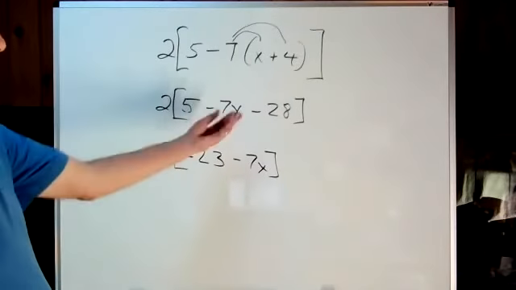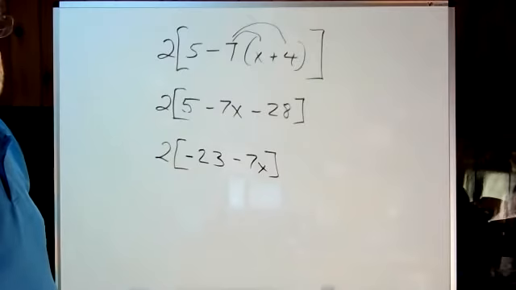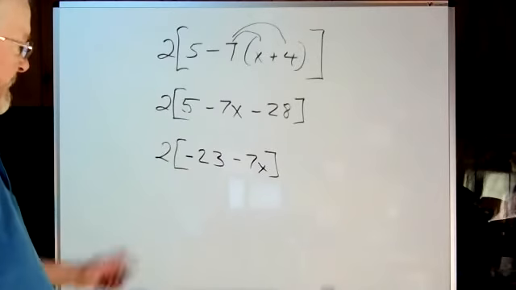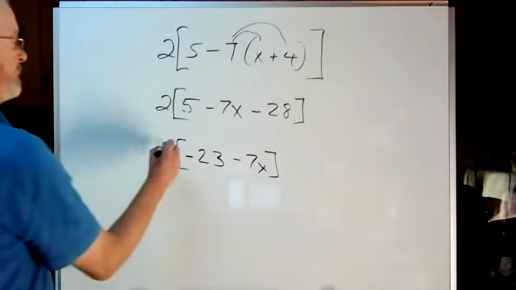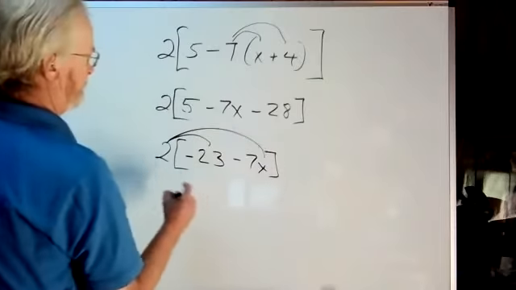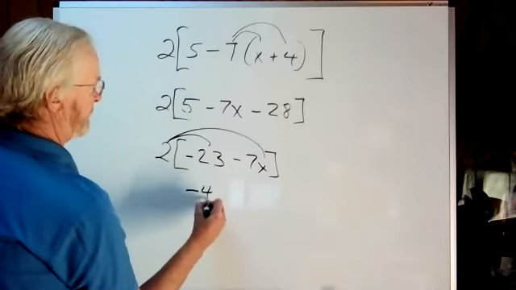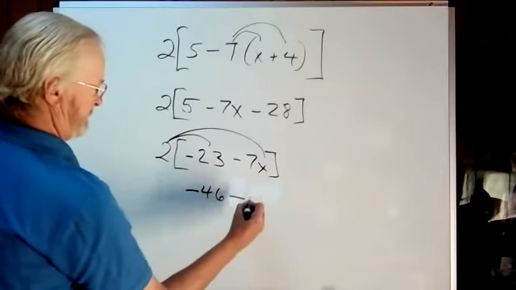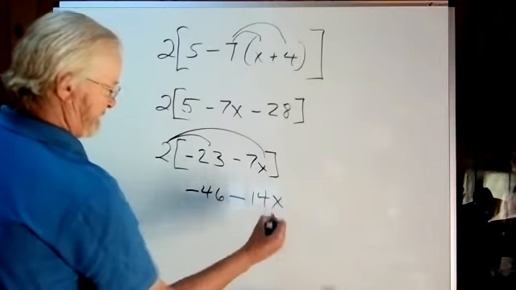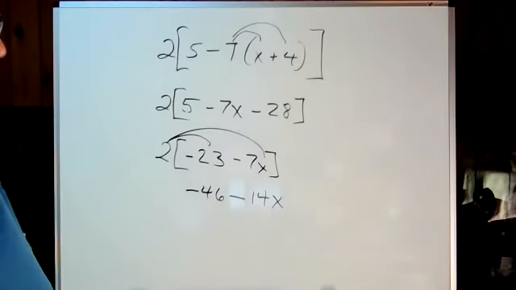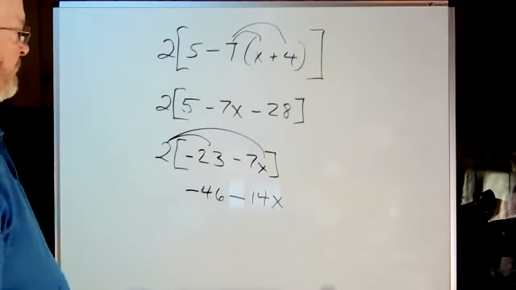All right, so I did what simplifying I could inside the brackets. Now I have to distribute 2 of this and 2 of that. So negative 46 minus 14x. And that would be done, simplified.